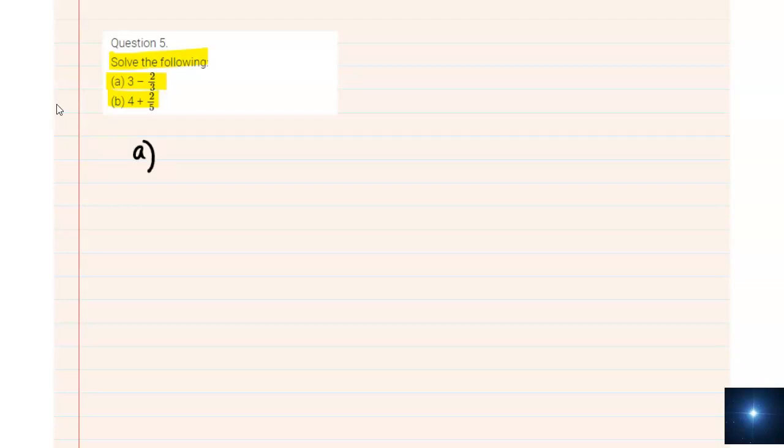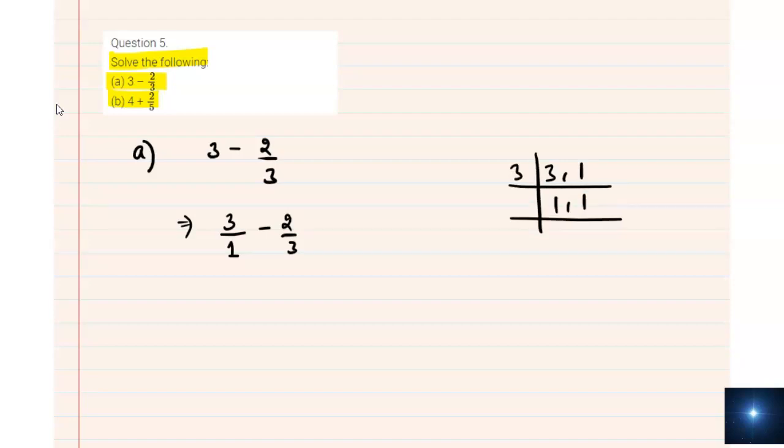Part A says 3 minus 2 by 3. How will we solve it? We will take LCM on both sides. When there is nothing, we will take 1 and then 2 by 3. LCM of 3 and 1 will be 3.